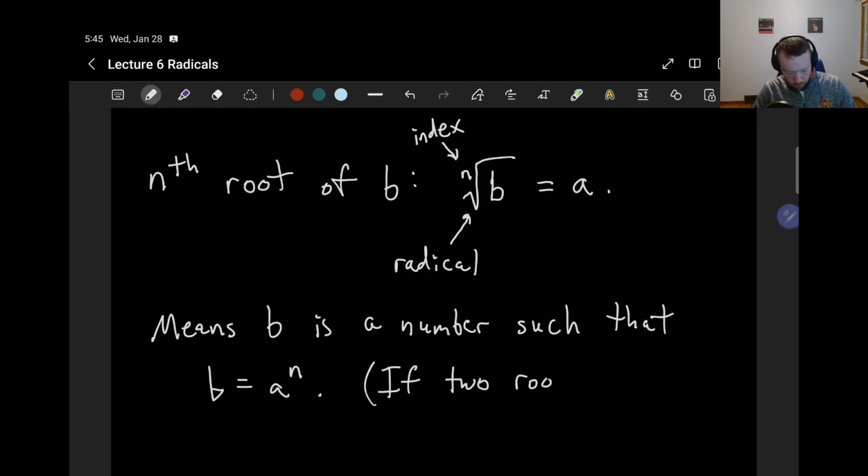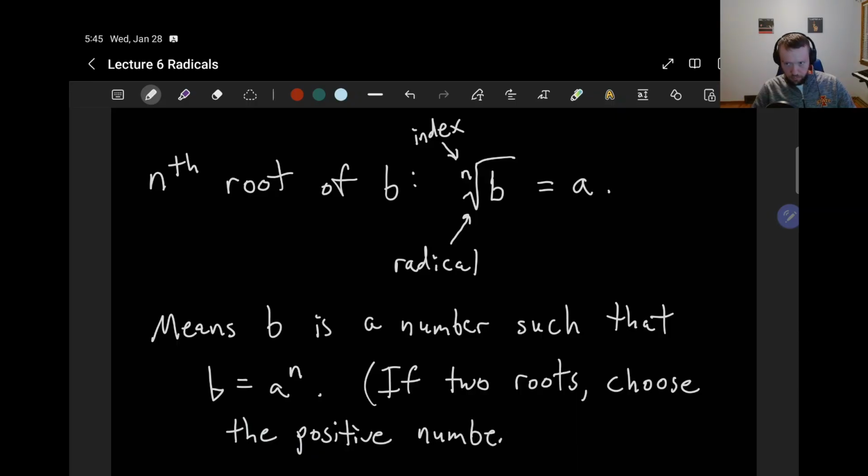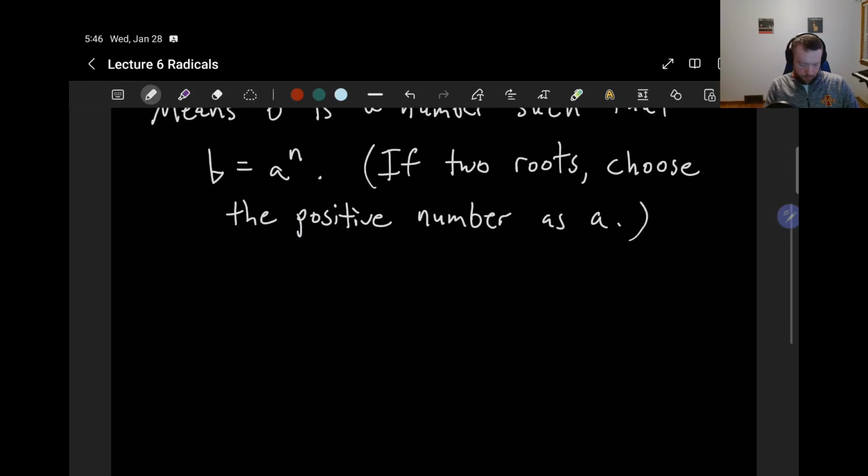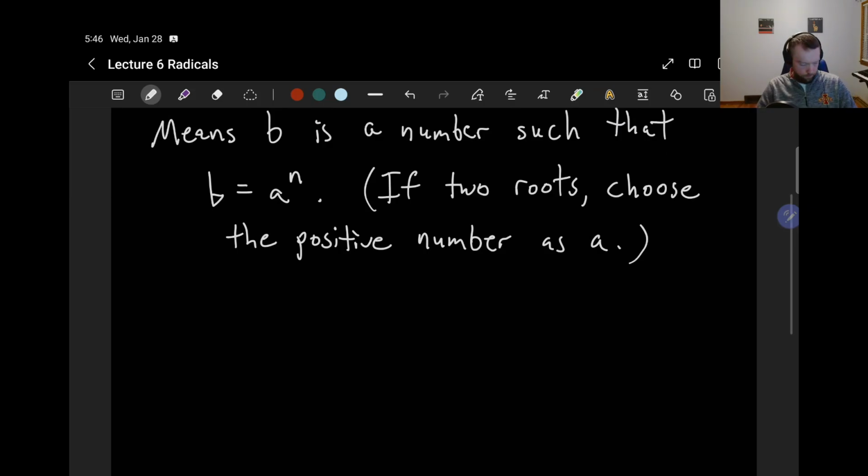If two roots, because under this definition there can be two answers, sometimes we'll see. If two roots, choose the positive number. We want just one answer with these.